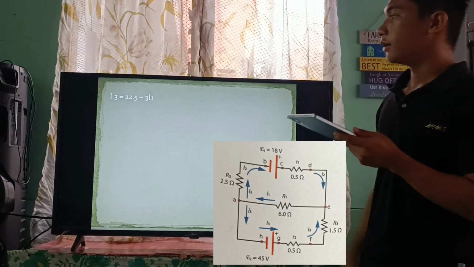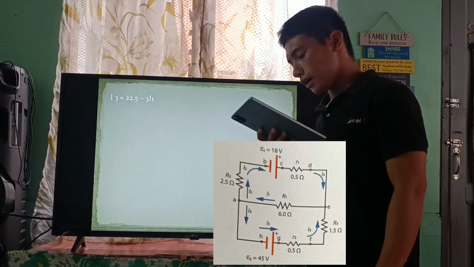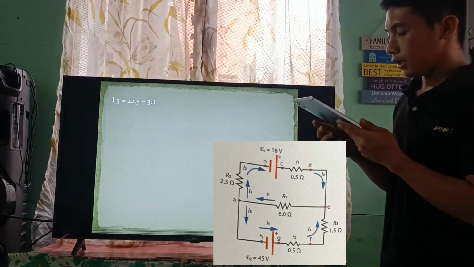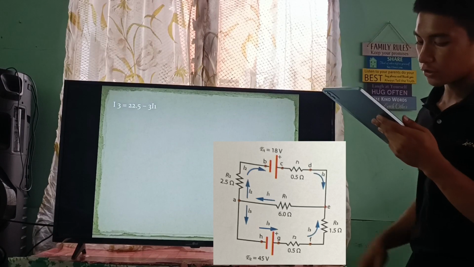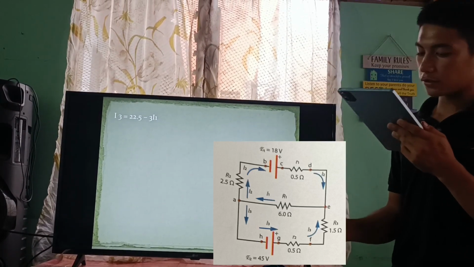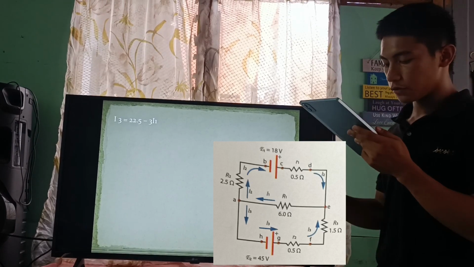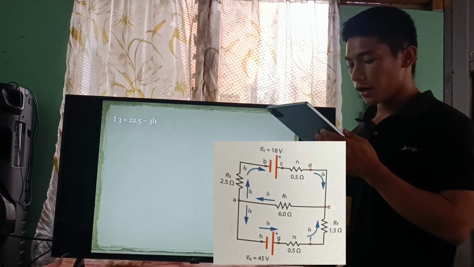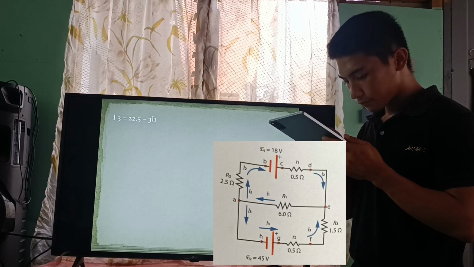Now we are done solving those two equations. Next, we are going to substitute these two new equations into the first one, which allows us to find a value for I1.